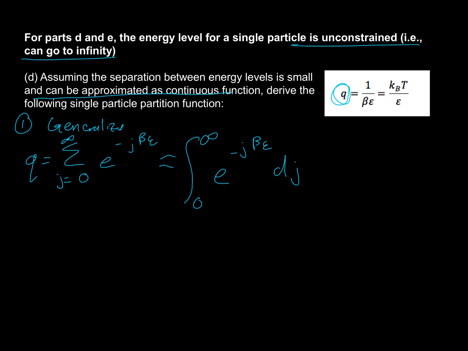Beta and epsilon are constants, right? Beta is constant because we know we're in the canonical ensemble, N V beta. Epsilon is constant because it's dependent only on the system physics, basically how we defined it. So we can write this integral as minus 1 over beta epsilon times exp of minus j beta epsilon from 0 to infinity.